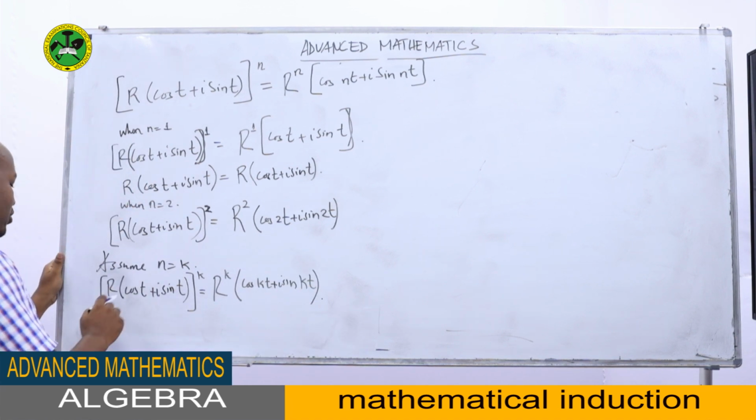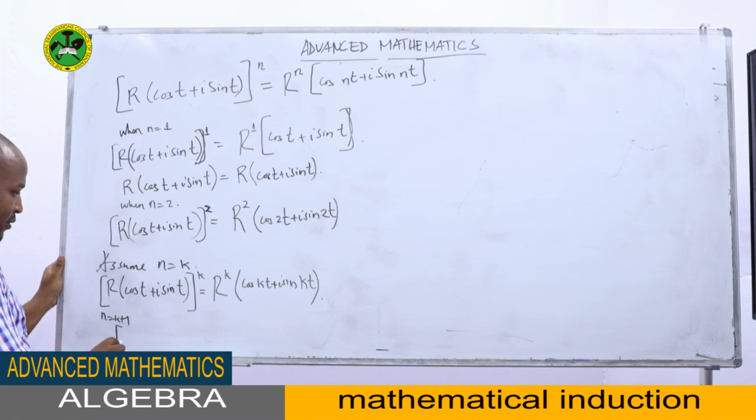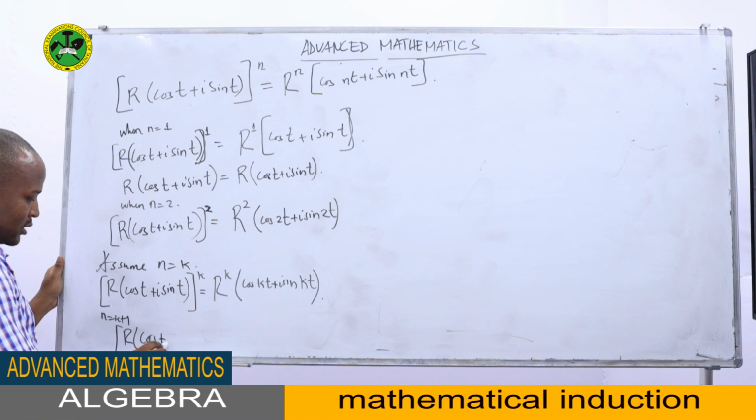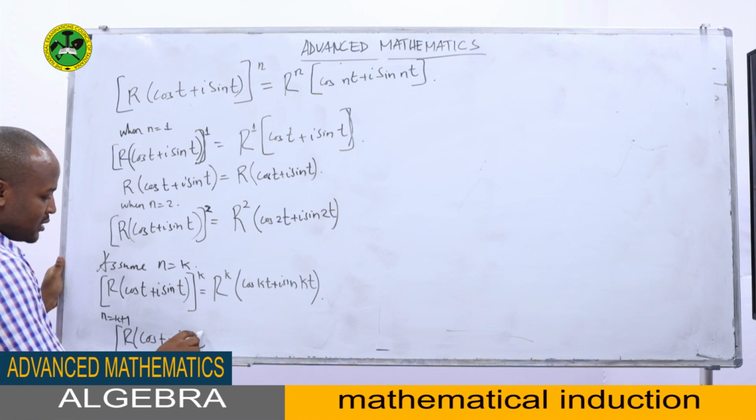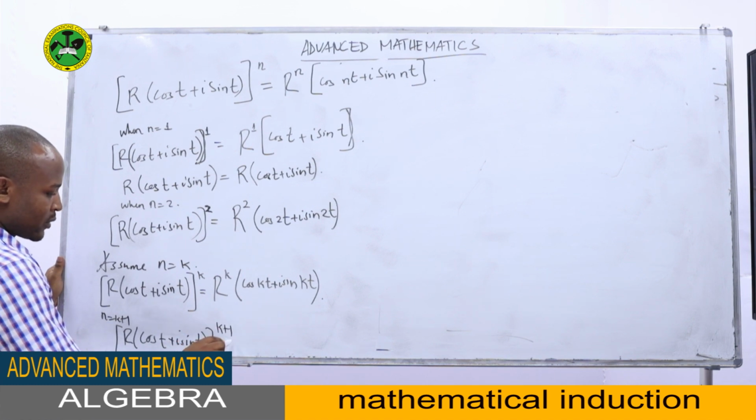And what are we required to prove when n is equal to k + 1? That means we are going to have [r(cos t + i sin t)] raised to k + 1.